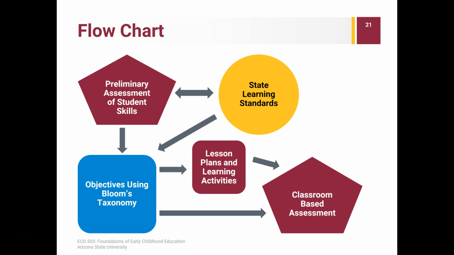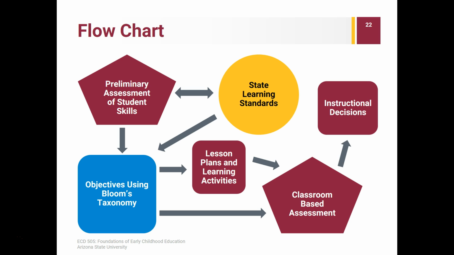These classroom-based assessments are directly related to the learning objectives and should measure the behaviors stated in the learning objectives. We use the results of our classroom-based assessment to make our instructional decisions. Then we continue to refer back to the state learning standards and follow the process again. This process should be repeated over and over again throughout the school year.